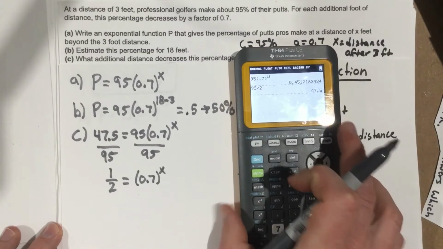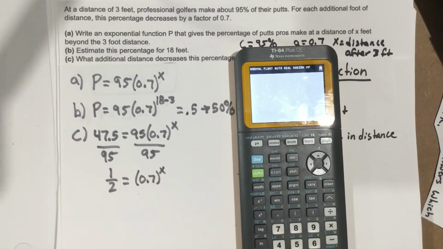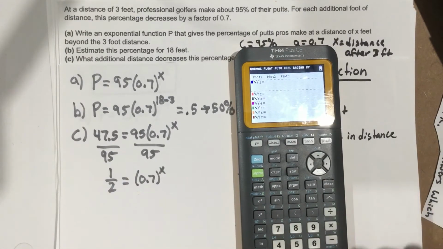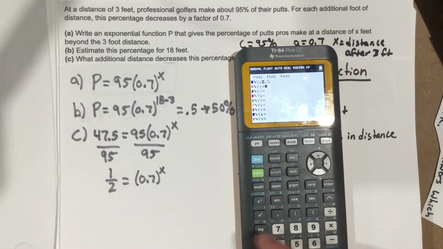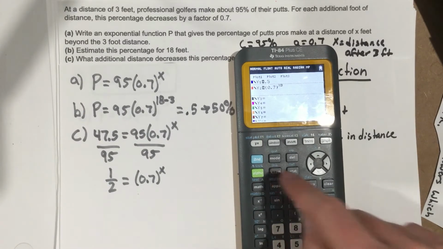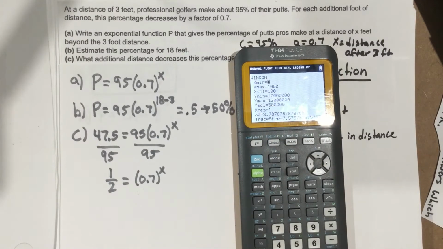To solve it graphically, we're going to graph 1/2, and then we're going to graph 0.7 to the x. So let's go to the y equals, and we're going to graph 0.5, which is 1/2. And then we're going to graph 0.7 to the x. And then I better change my window. We'll go for the x values.